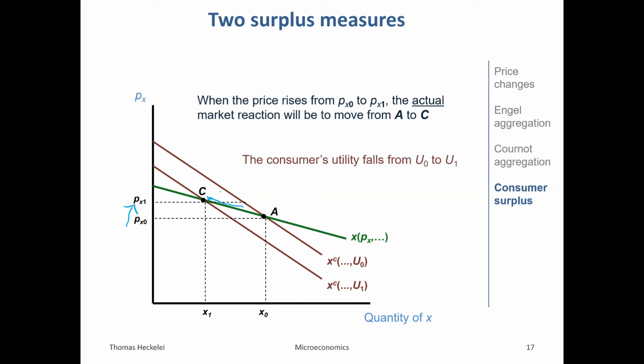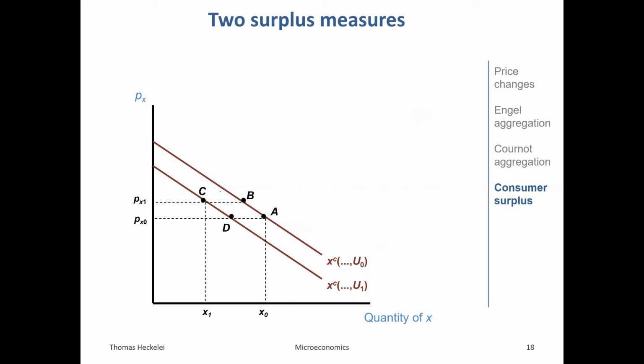The consumer utility falls from U0 to U1, nothing new. And there we faced the choice of the compensated demand curve to use to evaluate the welfare loss, right?